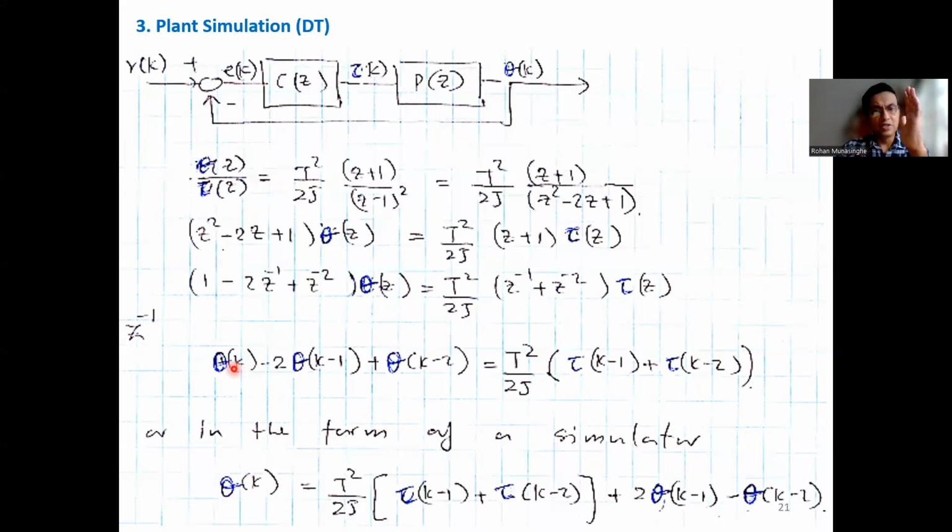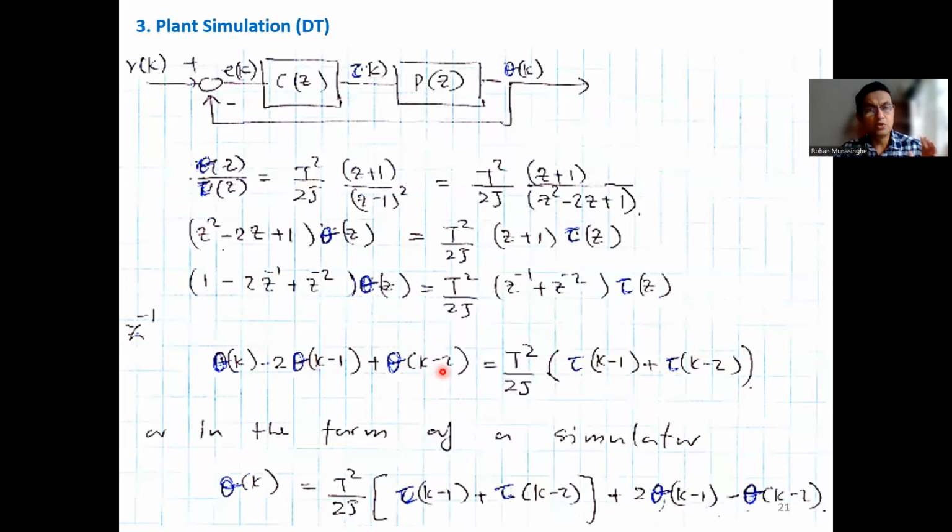The second term has Z to the minus 1 in front, which in the time domain is the heading just a while ago, the last time. You're looking at the process in steps, now and after some time, and after another time interval. So theta(k minus 1) is the previous time you looked at the system. What was the heading?